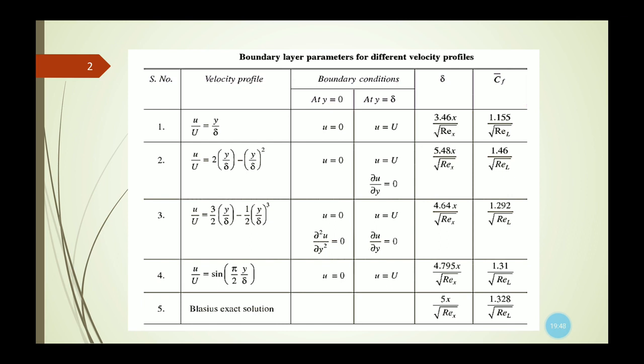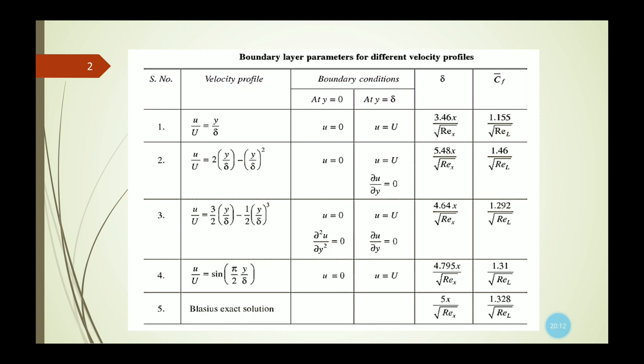Here you can see that the boundary layer thickness delta has 5 different equations for 5 different types of velocity profile. But in this numerical, no velocity profile is given. So which formula of the boundary layer thickness will we consider here?